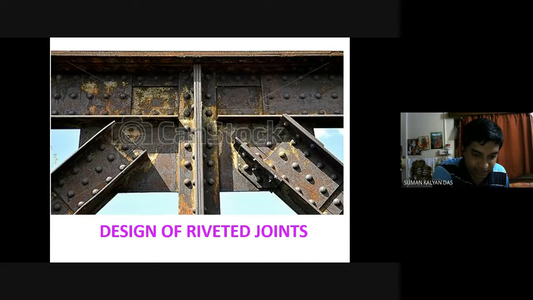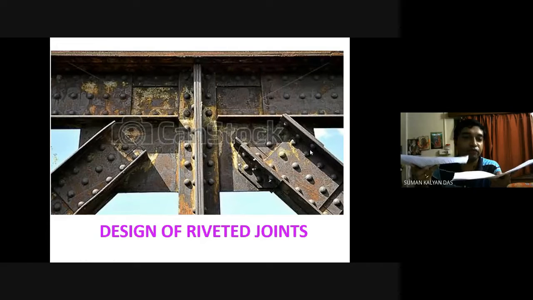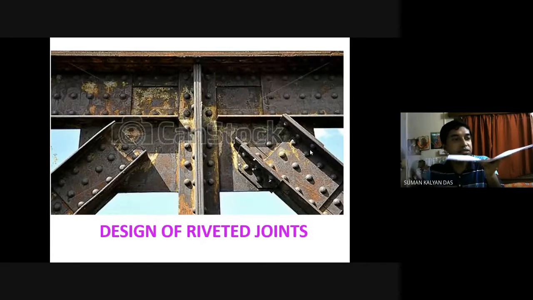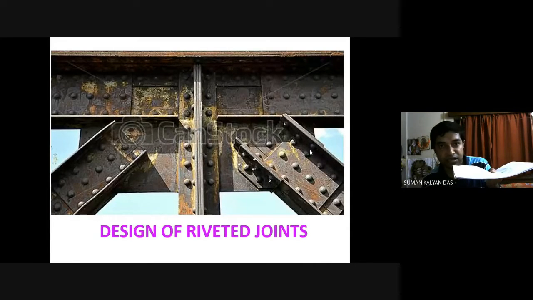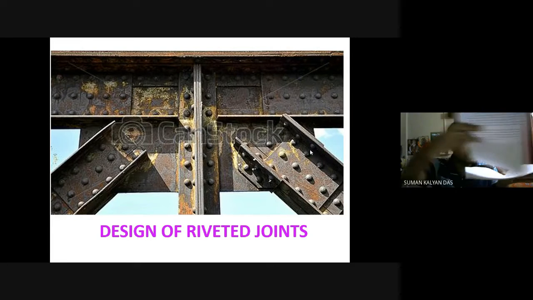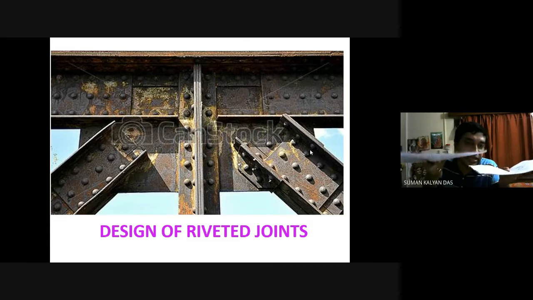So better I'll take the same size sheet, that will avoid confusion. This plate is shorter because I have a manufacturing limitation. I cannot manufacture lengthy sheets, so I am using another sheet to join like this to make a lengthier sheet.